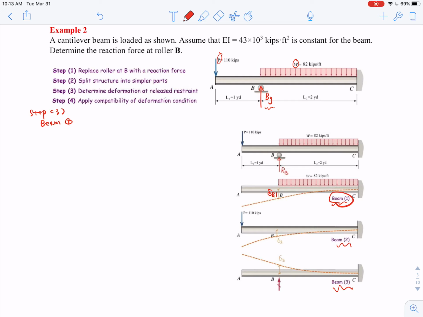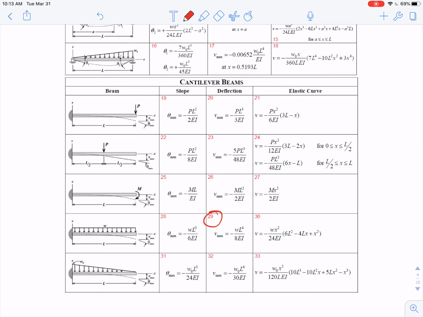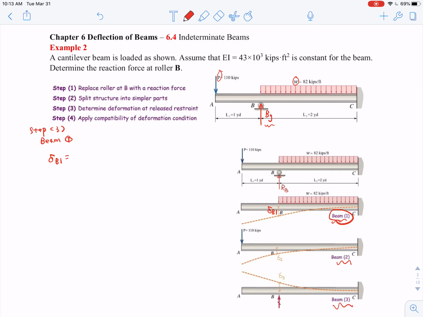Here delta B1 can be calculated using an equation in our table. I hope you still remember that. We'll just use equation 29. It's just a cantilever beam subjected to a distributed load. So delta B1 equals WL to the 4th over 8EI. W is 82 kips per foot. So what is the L in this case?